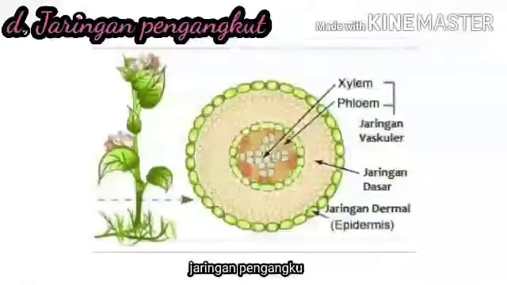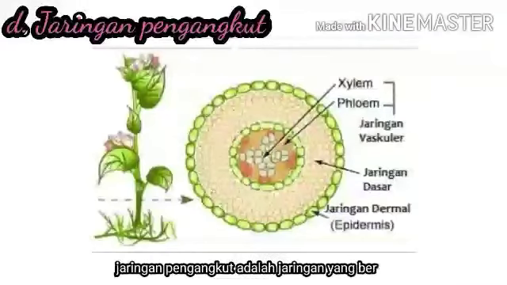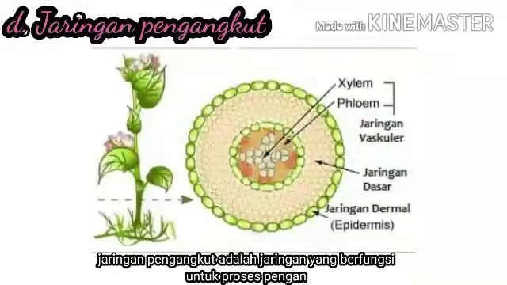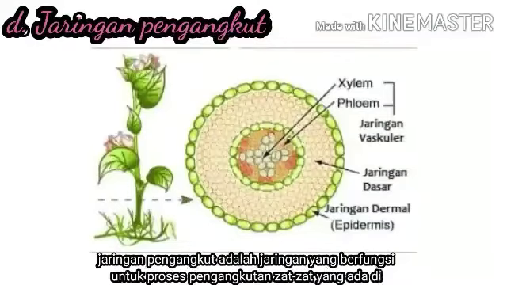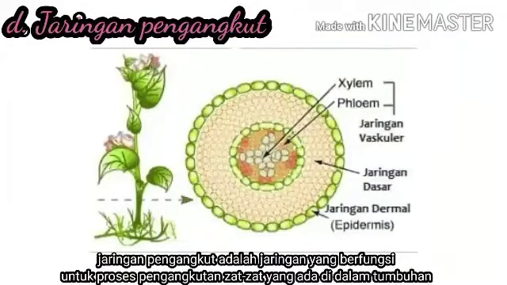Next, transport tissue. For the first time, I have mentioned this tissue, right? This transport tissue is related to the photosynthesis process. This is because all photosynthesis products will be passed to the entire plant body through this transport tissue. Transport tissue is a tissue that functions for the transportation of substances in plants.